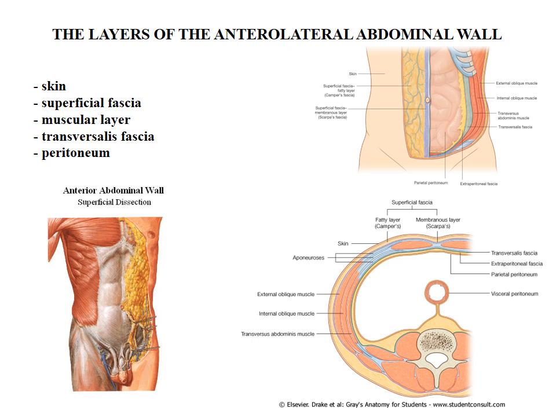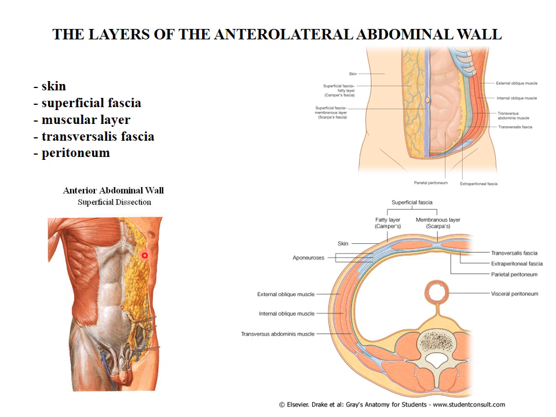To repeat once again, the layers of the anterolateral abdominal wall. First, this is the skin, then superficial fascia, then muscular layer, then transversal fascia, and the innermost is the parietal peritoneum, which covers the internal surface of the anterolateral abdominal wall.